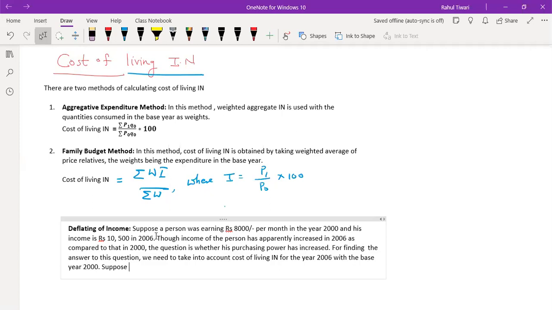Suppose the cost of living index number for the year 2006 is 150.